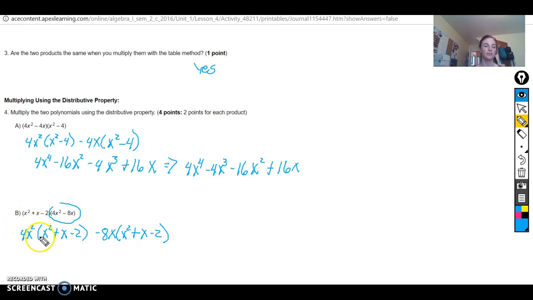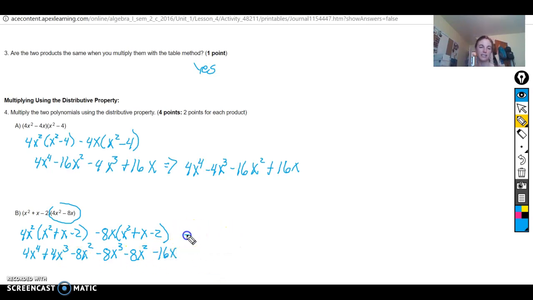Okay? 4x squared times x squared is 4x to the 4th. 4x squared times x is plus 4x cubed. 4x squared times negative 2 is negative 8x squared. Negative 8x times x squared gives me a negative 8x cubed. Negative 8x times x gives me a negative 8x squared. And negative 8x times a negative 2 gives me a positive 16x.